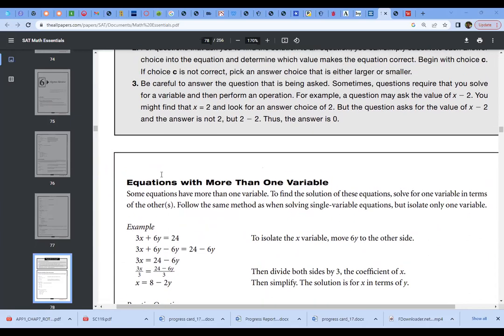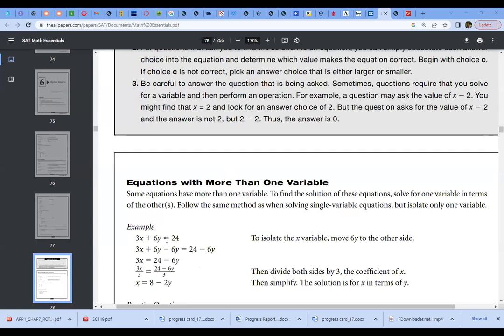So if you have 3x plus 6y equals 24, this is one equation with two variables. The only thing we can do is find one variable in terms of the other. Isolate the x variable, and if we have another equation, we can solve for x and y and find the unknowns.